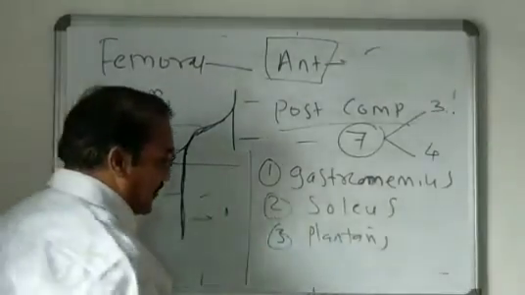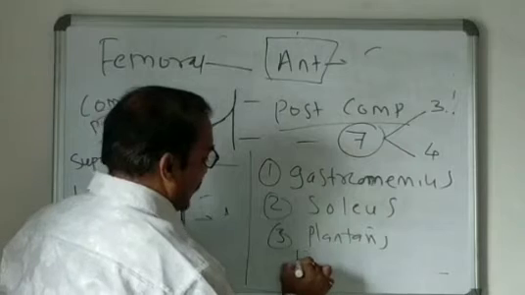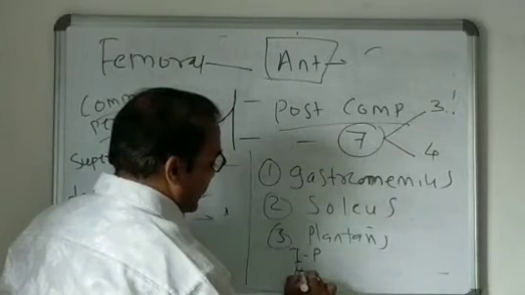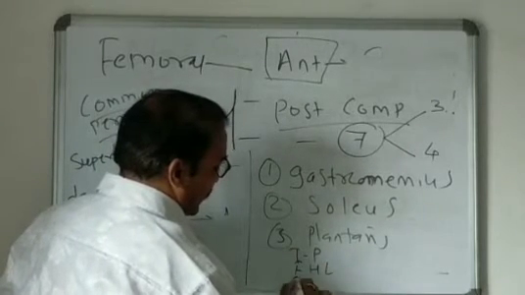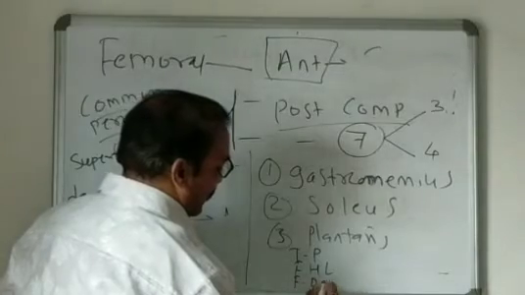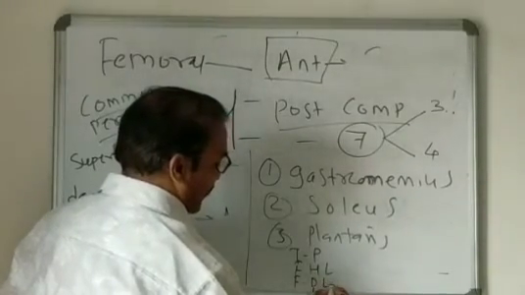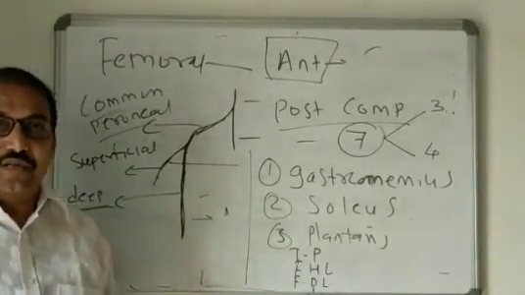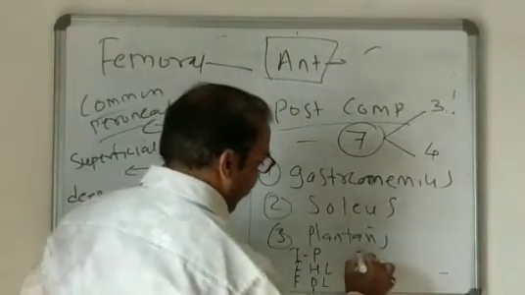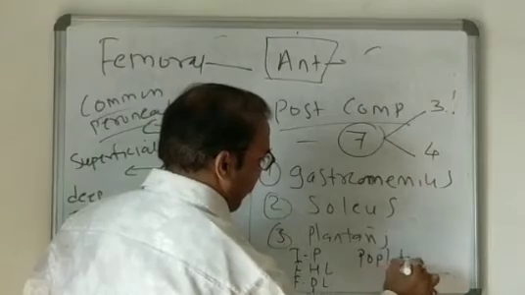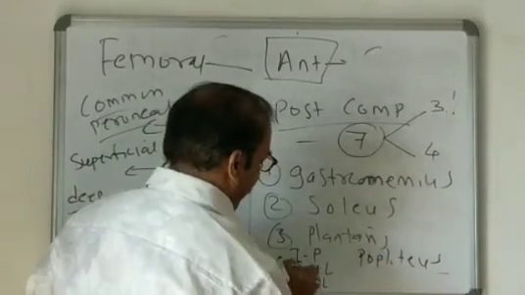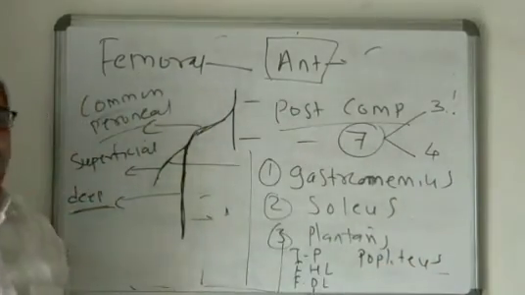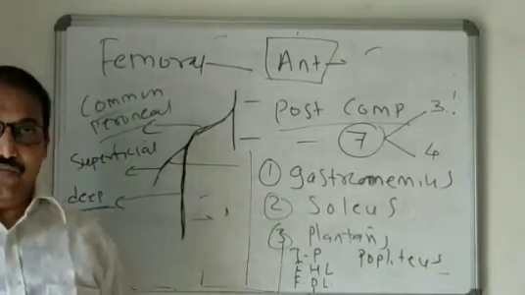Then the deep muscles include tibialis posterior, flexor hallucis longus, flexor digitorum longus, and the fourth one, popliteus. All these 4 muscles are supplied by the tibial nerve.